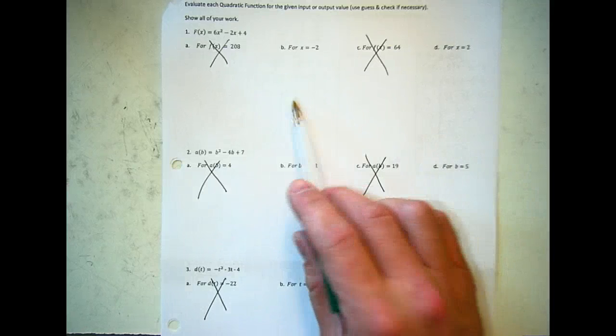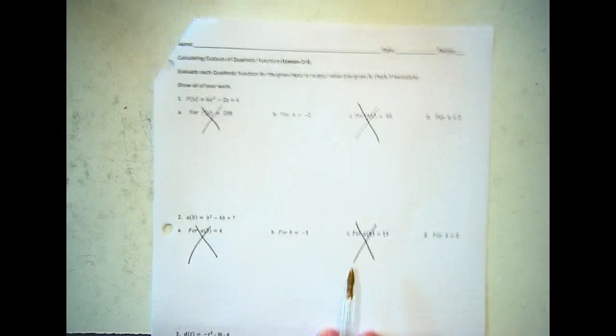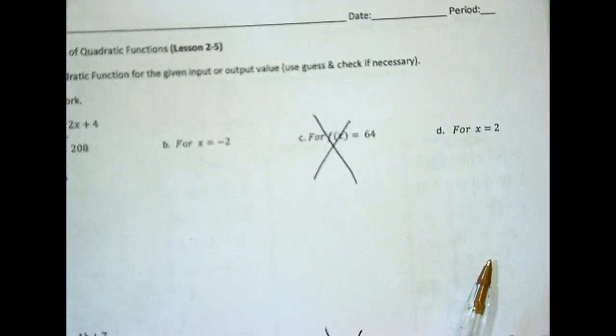You're skipping A's and C's. Why? Because you'd have to know how to do quite a few things. You'd have to know how to factor to solve, or use the quadratic formula. All right. So what I want to do is B and D together.